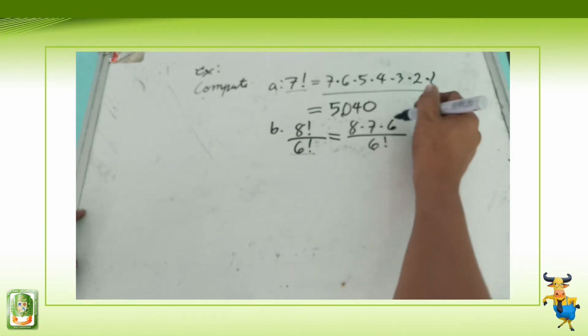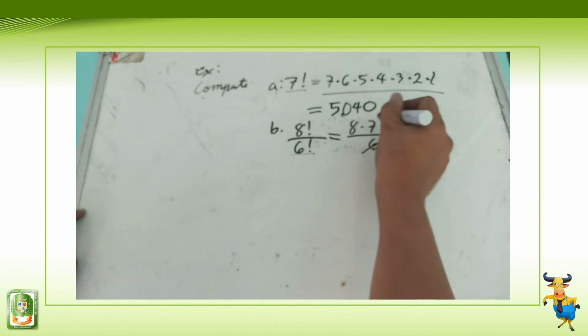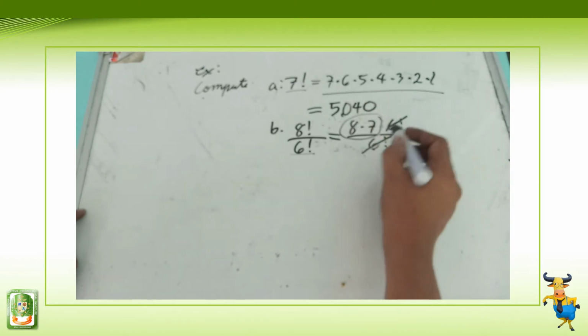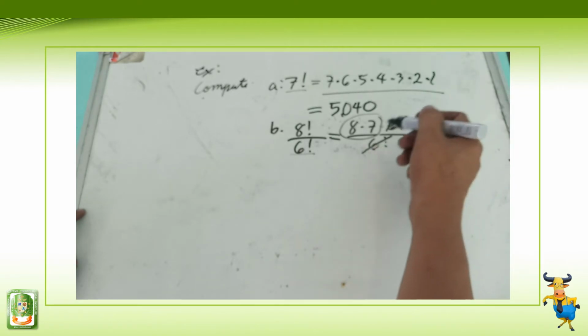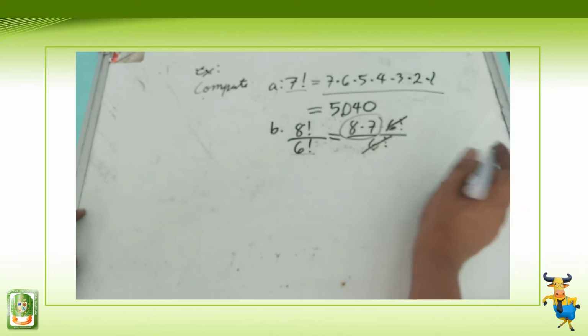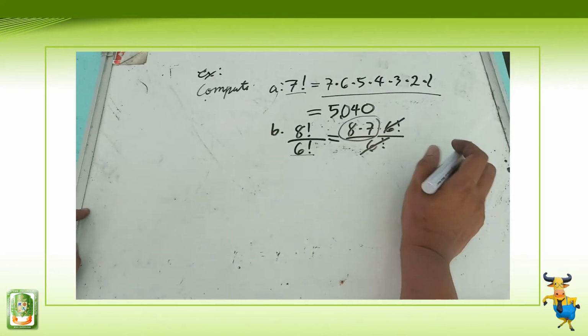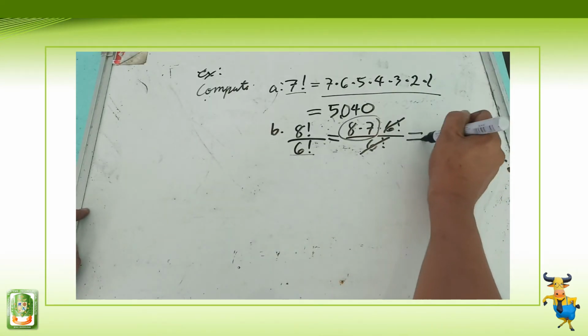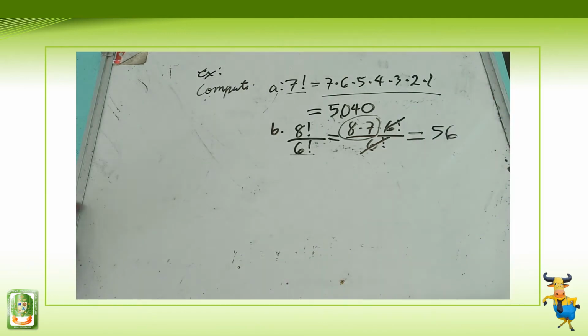Ika-cancel out na agad natin ang 6 factorial para mas mabilis. So, ito na lang dalawa ang ating gagamitin, 8 times 7, is equal to 56. Okay?